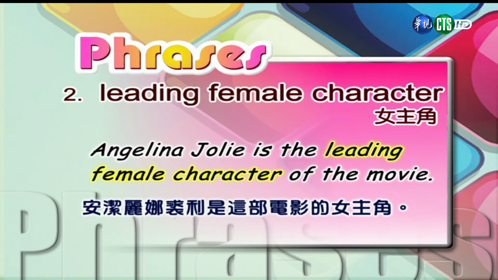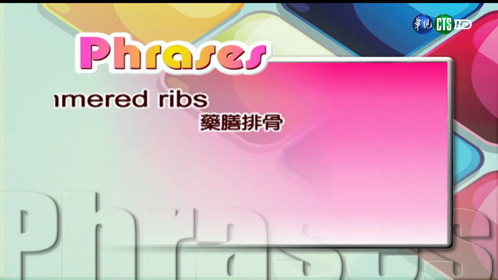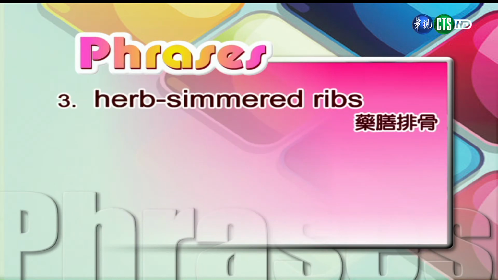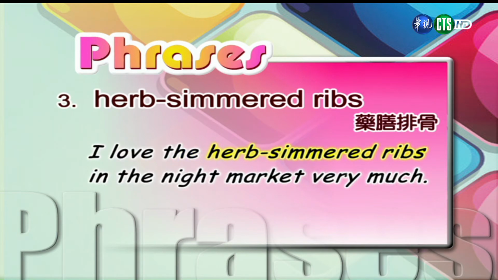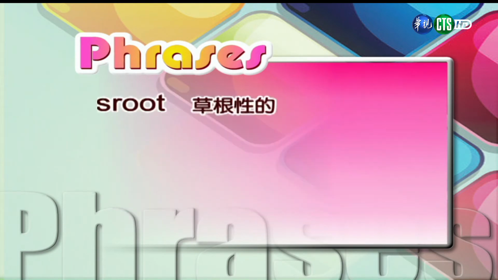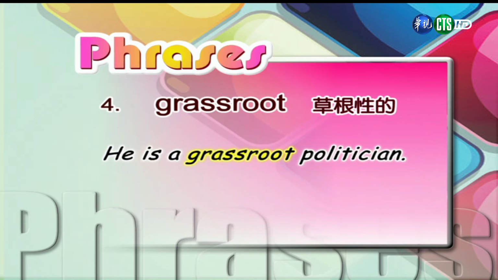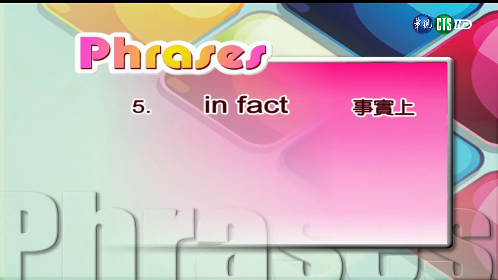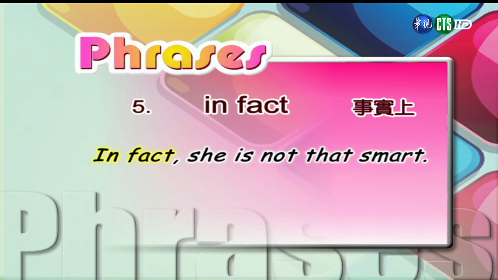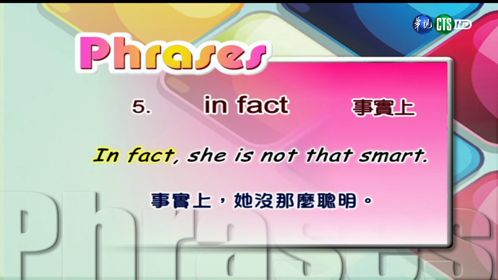Angelina Jolie 是这部电影里的女主角。 Number 3, herb simmered ribs. 药炖排骨。 I love the herb simmered ribs in the night market very much. 我很喜欢夜市里的药炖排骨。 Number 4, grassroot. 草根性的， He is a grassroot politician. 他是一个草根性的政治家。 Number 5, in fact. 事实上， In fact, she's not that smart. 事实上他没那么聪明。 Students, let's take a break, then we'll come back.